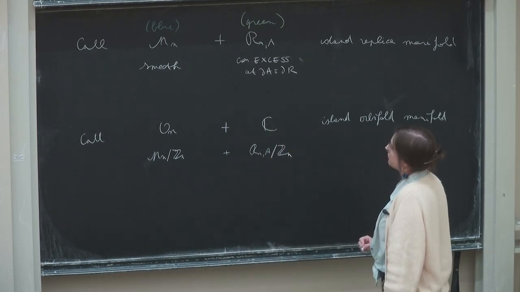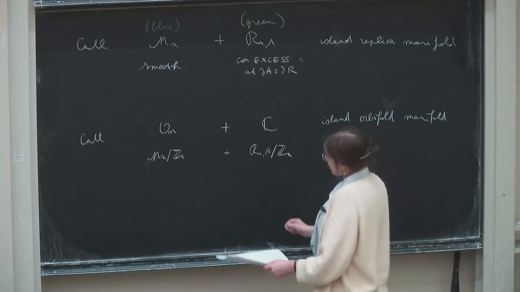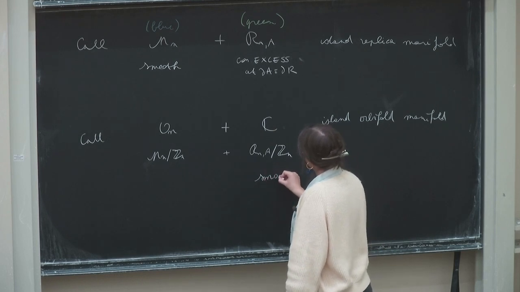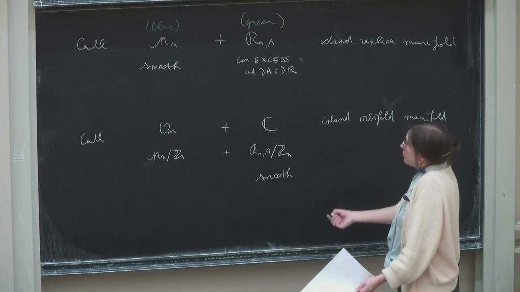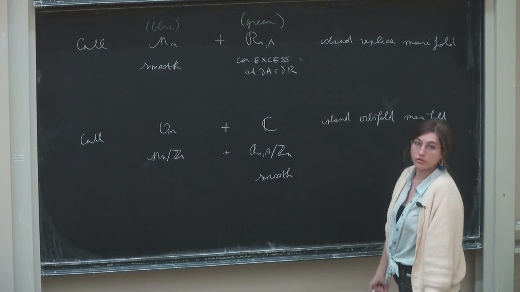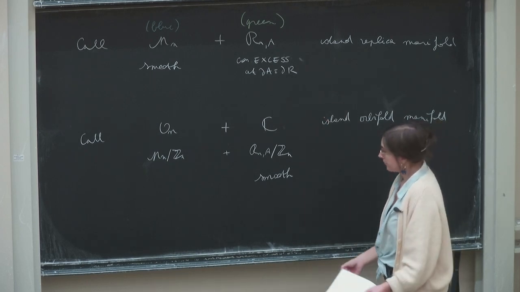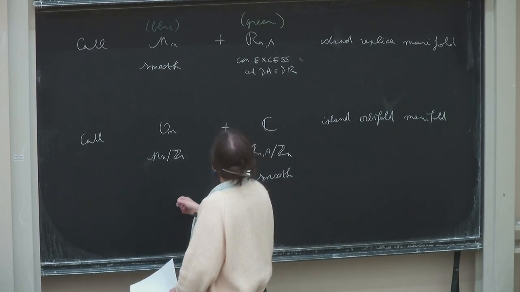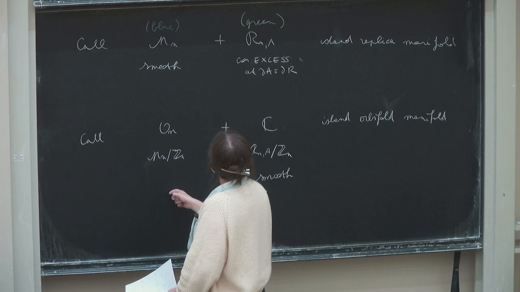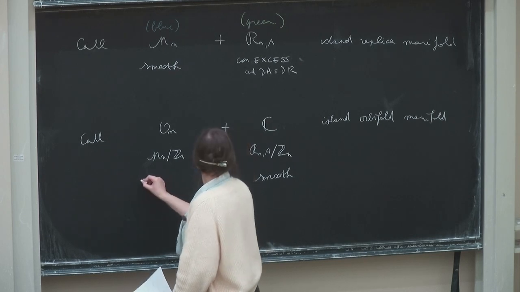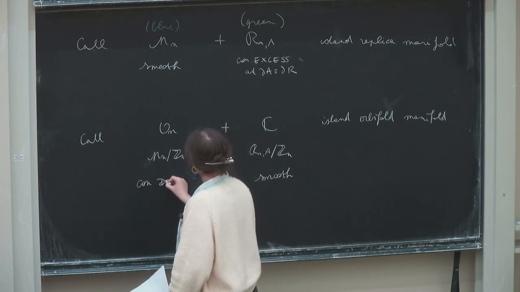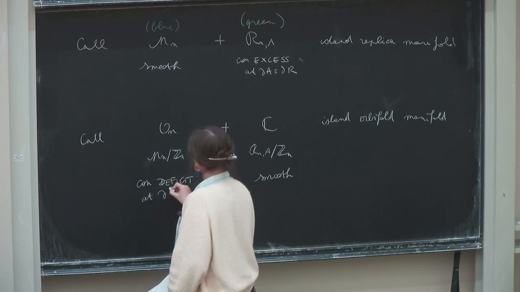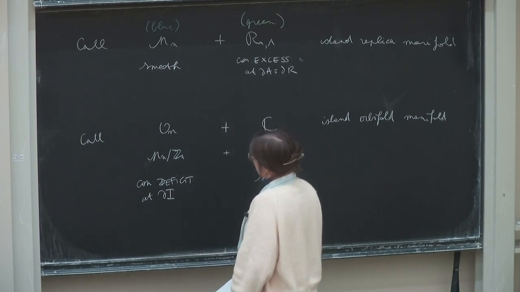So like this. This is just C, so this is the one that's smooth. So it's smooth everywhere, including at the ∂A points where you put the twist fields. And this gravitational part of the orbifold has a conical singularity, in particular a conical deficit, at ∂I.